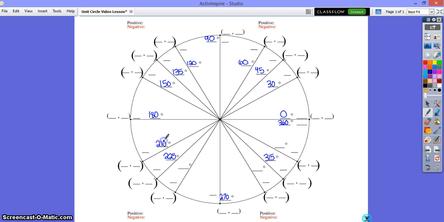So you see the pattern just keeps going here. 210 plus 30 is 240. 240 plus 30 is 270. We already have 270. 270 plus 30 is 300. 300 plus 30 is 330. 330 plus 30 more is 360. And so we have all of our angles in terms of degree going around the unit circle.